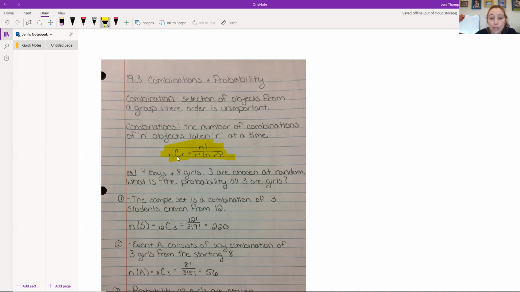Our number of combinations of n objects taken r at a time is n factorial over r factorial times n minus r factorial. Remember this formula. It's helpful to find all of the pieces in the equations that we need.